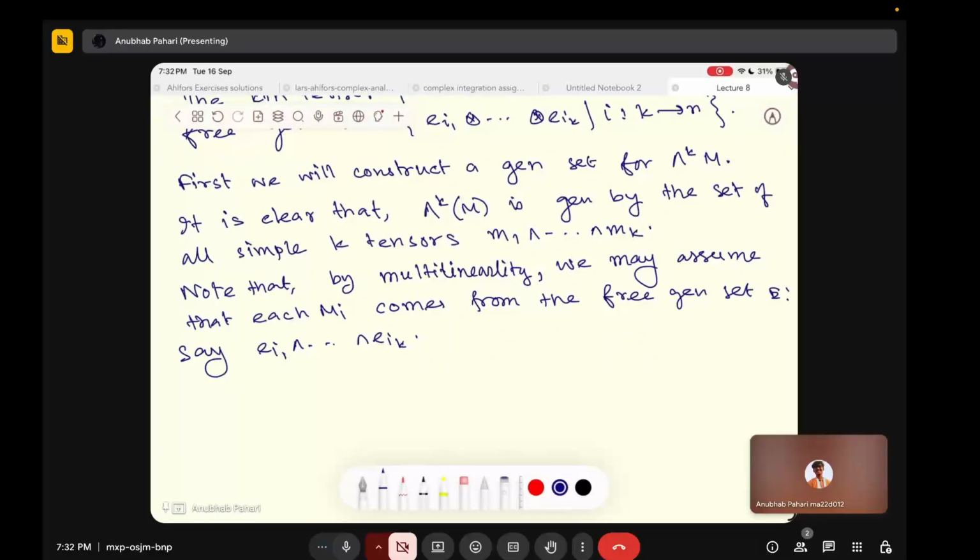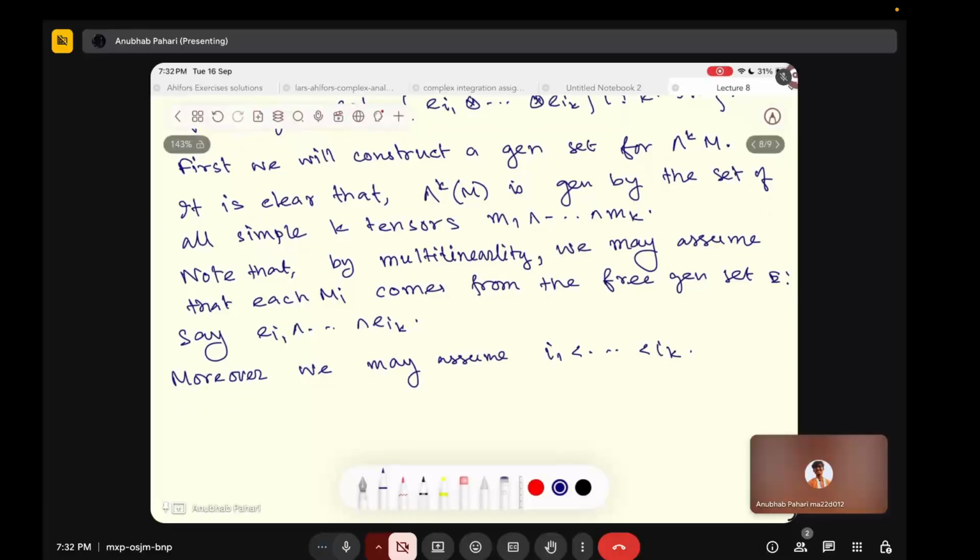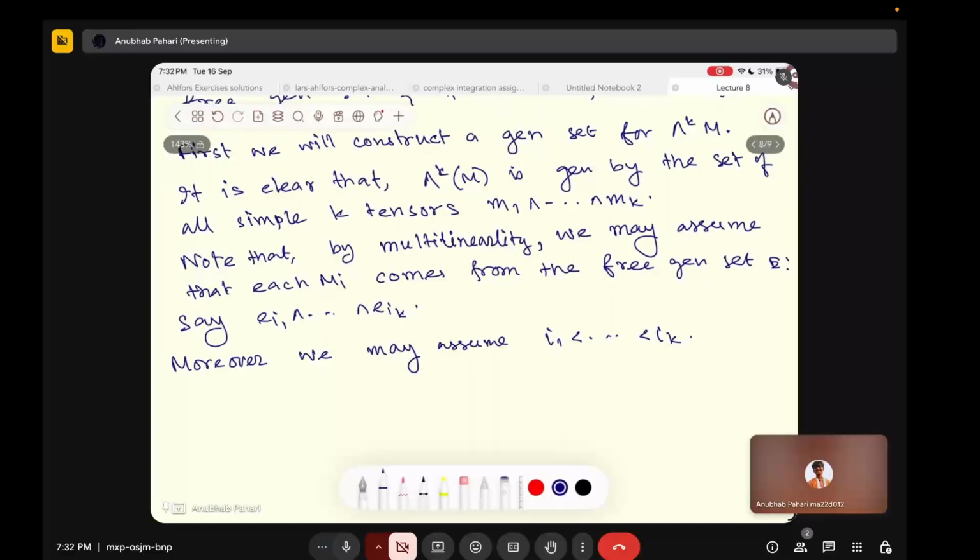Moreover, we may assume that i1 is less than up to ik. We claim that these are all distinct.